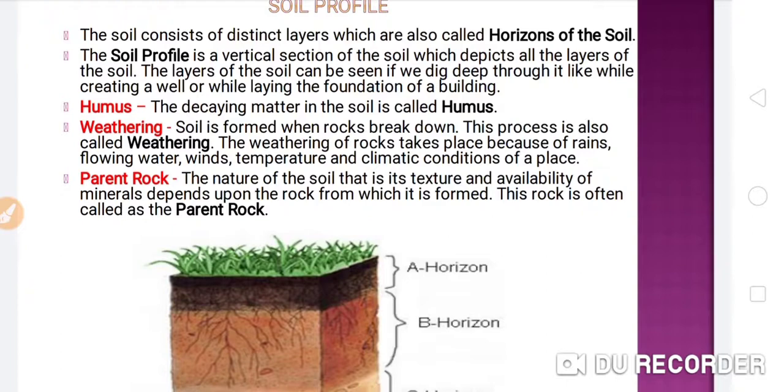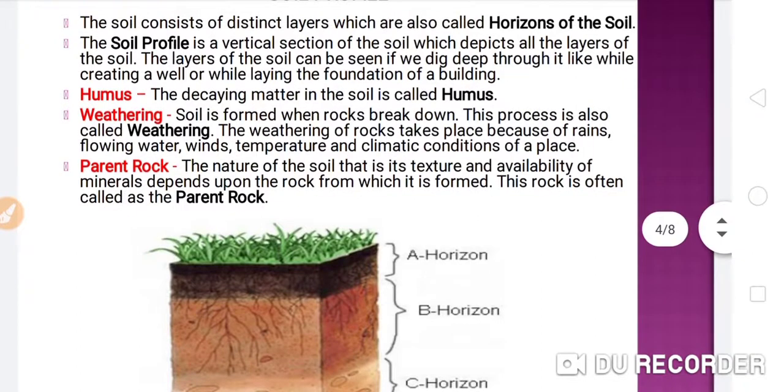Now, here we are going to discuss the different layers of the soil. Number one, humus. The uppermost layer is humus. The decaying matter in the soil is called humus, so humus is a part of the soil. Now next, weathering. Soil is formed when rocks break down. This process is also called weathering.